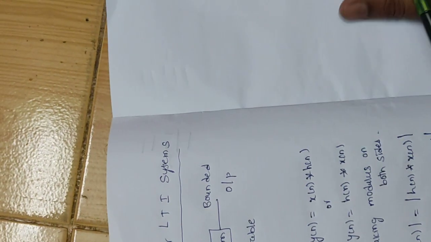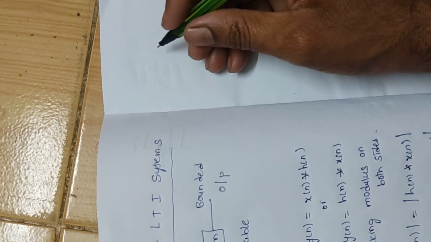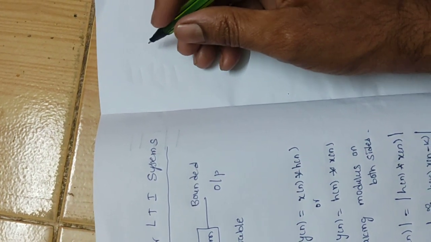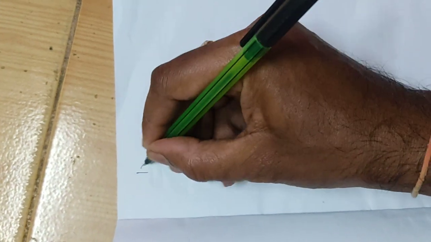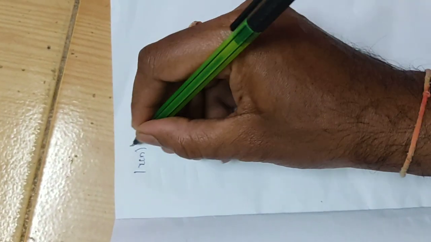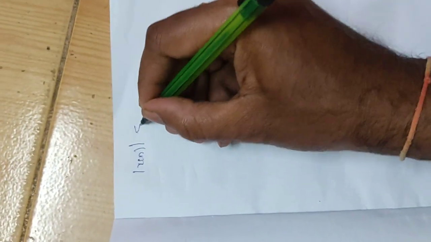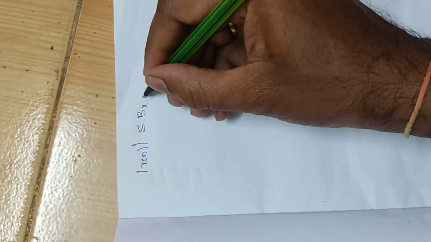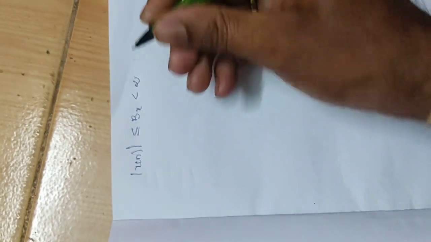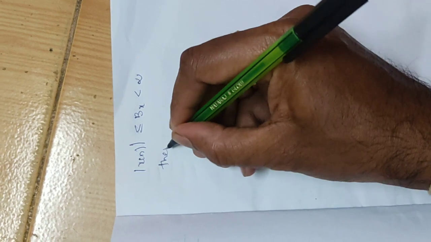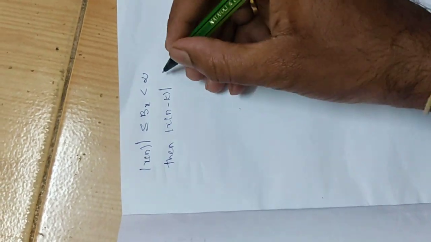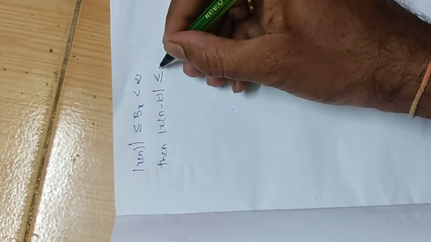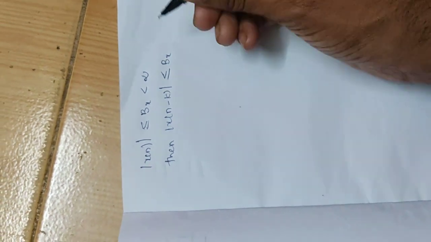Okay, and if you assume that the input is bounded, that means modulus of x of n is less than or equal to bx, which is less than infinity, then modulus of x of n minus k is also less than or equal to bx. Why?